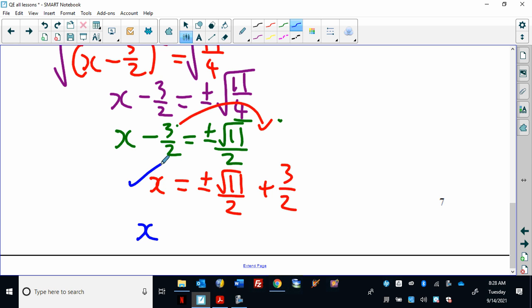You get 100% for that answer. But if we want to simplify it as much as possible, we just like to write it as x equals plus or minus root 11 plus 3, all over a common denominator of 2. So that's the most common way to write that solution.